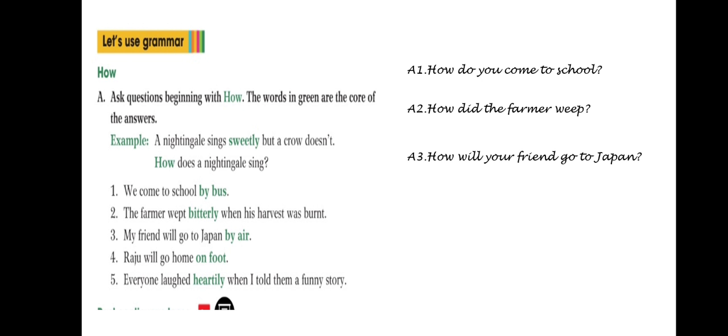So will comes first. Raju will go home on foot. So how will Raju go home? Right? You will get the answer: on foot. Raju will go home on foot.